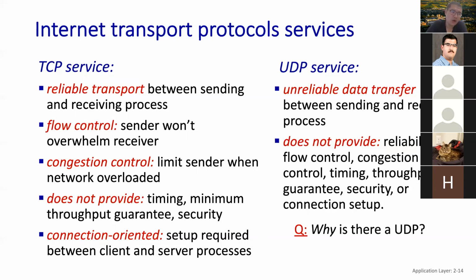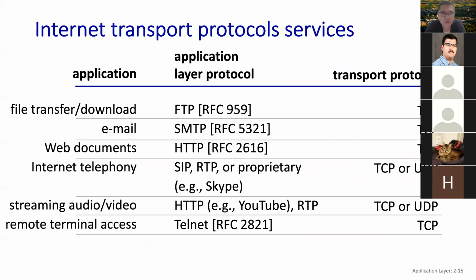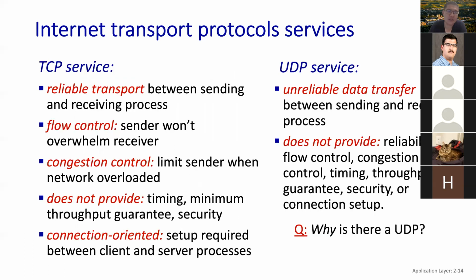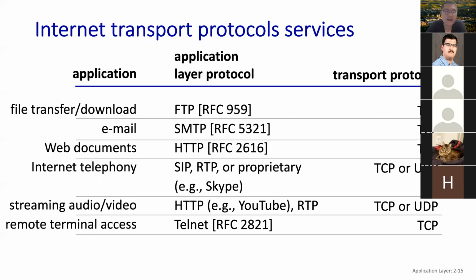I think I will go through these slides in the next lecture, but in the end, I want to quickly show you these slides. This slide will give you some idea, because previously we defined what kind of application needs what kind of transport service. So if you understand every detail of TCP and UDP, then you can choose a corresponding protocol for the application.